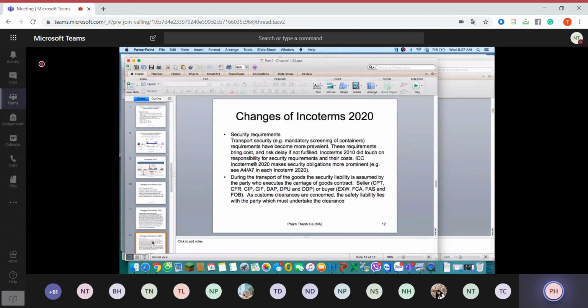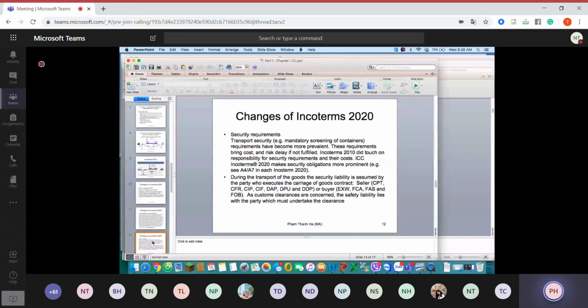Of course, when we do such procedures, it raises the cost, and sometimes raises some kinds of risks. Generally speaking, Incoterms 2010 just touched a little on the responsibility for security requirements and their cost. Incoterms 2020 makes everything clearer about the security applications.